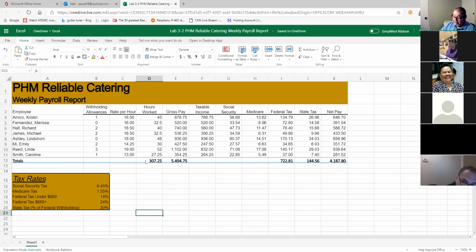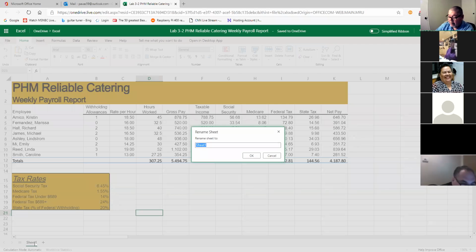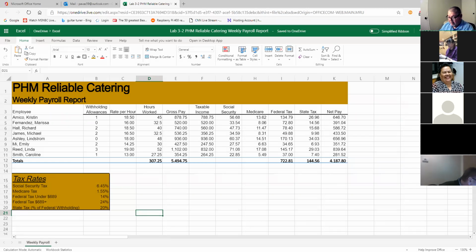Change the sheet tab name to weekly payroll. So this right here, instead of Sheet1, remember how to change it? So we're going to change it to weekly payroll. All right, so I just put my new name, weekly payroll.